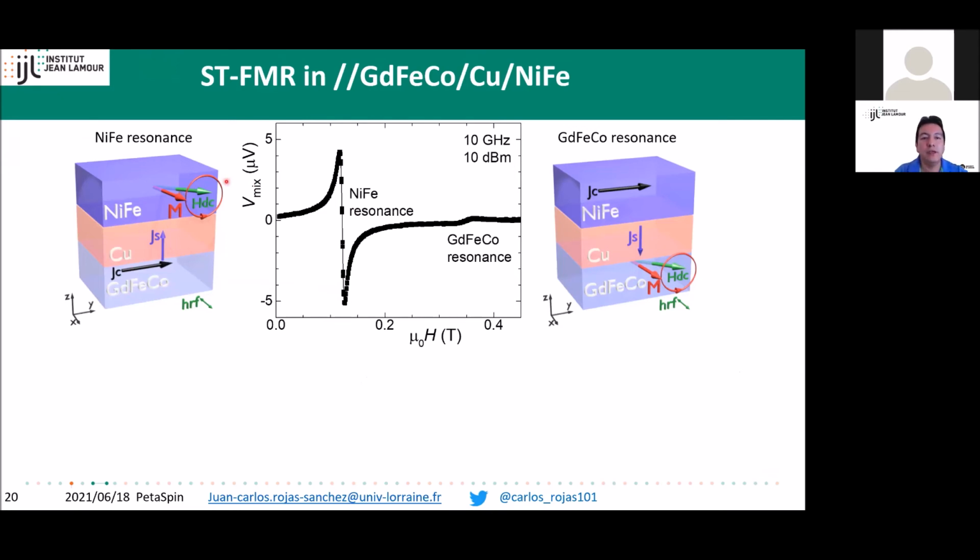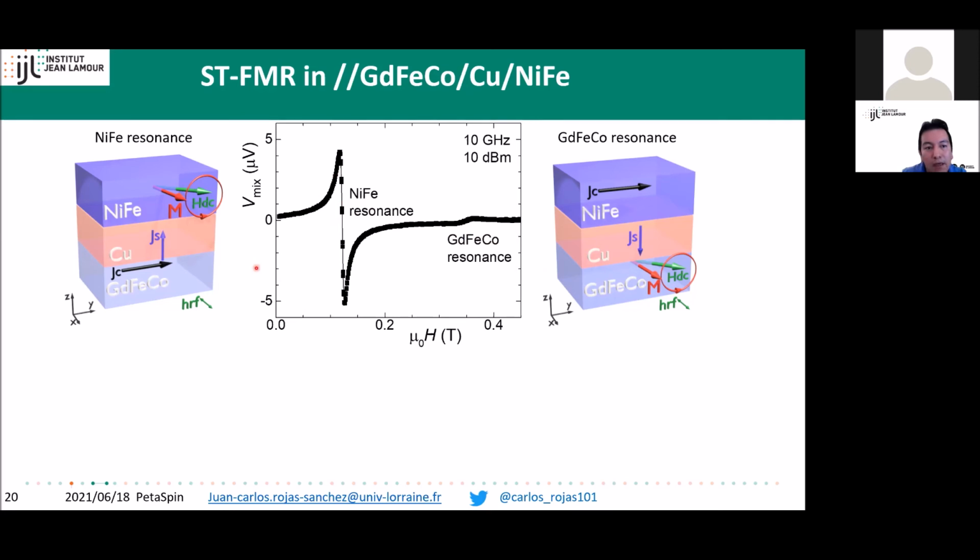So we can see here a typical ST-FMR spectrum, and we see two ferromagnetic resonance modes. Due to anisotropy, it's not difficult to identify which is which. This one corresponds to the precession of nickel iron, and this one to the precession of gadolinium iron cobalt, which has larger damping, and so the intensity is much smaller.